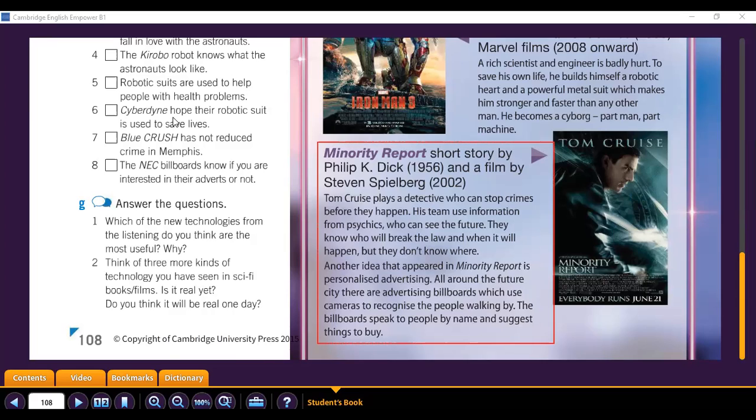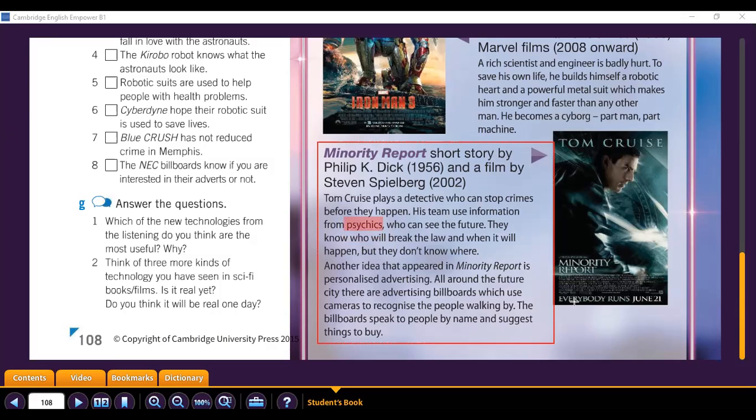Minority Report, short story by Philip K. Dick, 1956, and a film by Steven Spielberg, 2002. Tom Cruise plays a detective who can stop crime before it happens. His team uses information from psychics who can see the future. They know who will break the law and when it happens, but they don't know where.